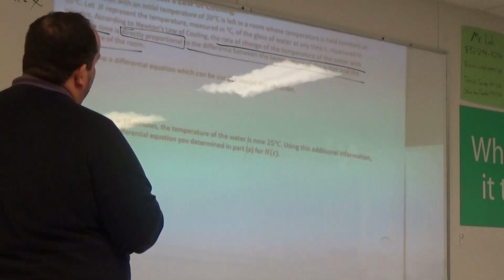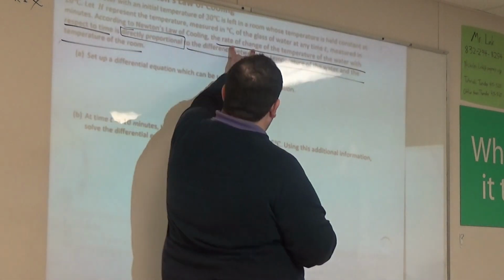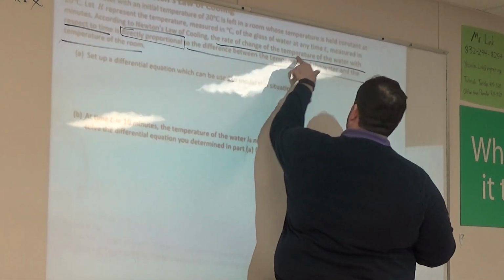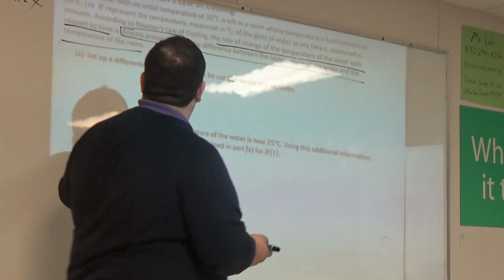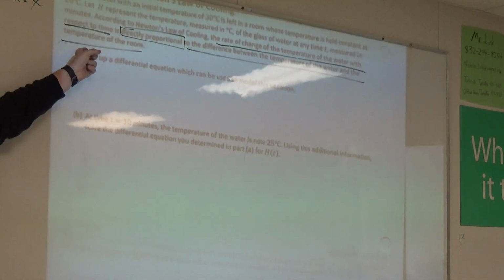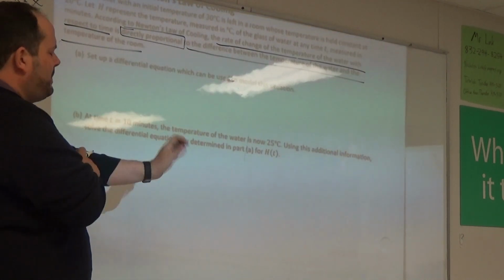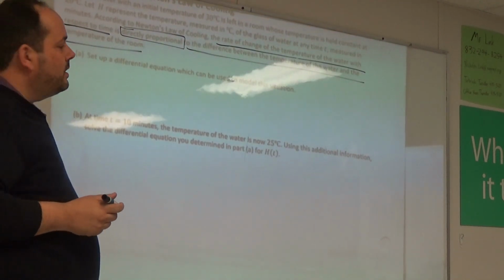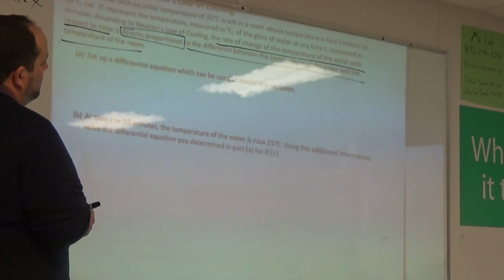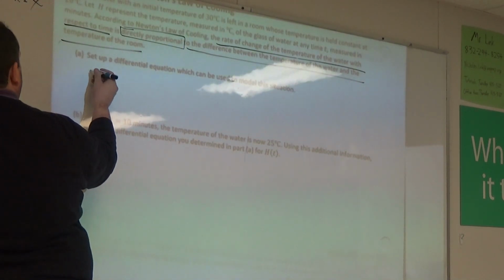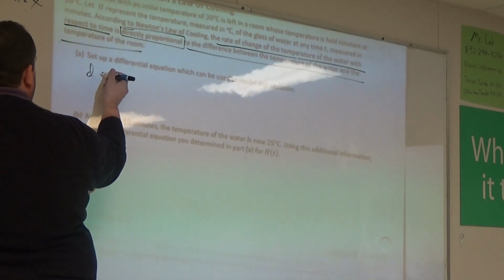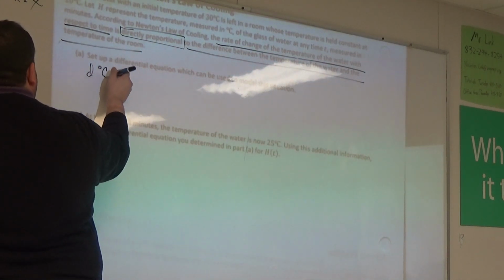According to Newton's law of cooling, the rate of change, which you guys know is the derivative, of the temperature of the water with respect to time. How am I gonna write that? Rate of change of the temperature of the water with respect to time. Mariah, how do you write that? Would it be d of degrees Celsius over d capital H?